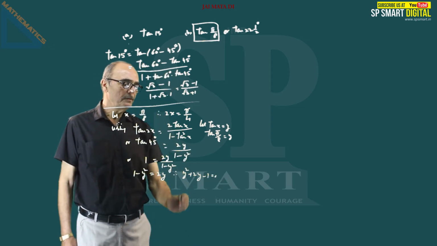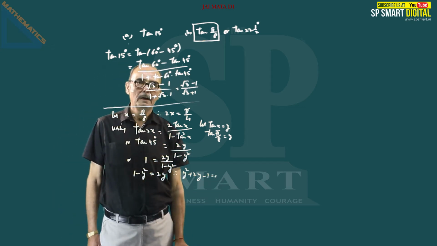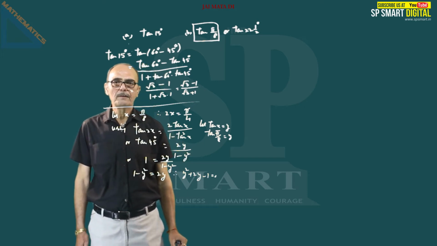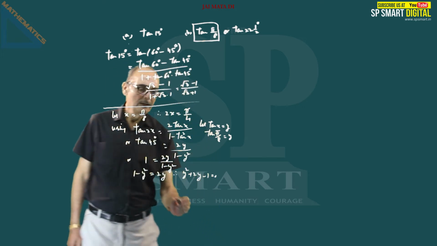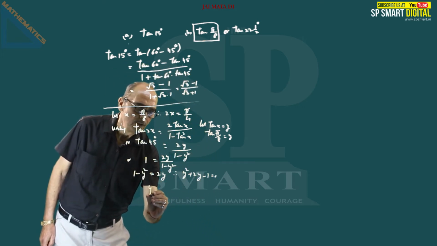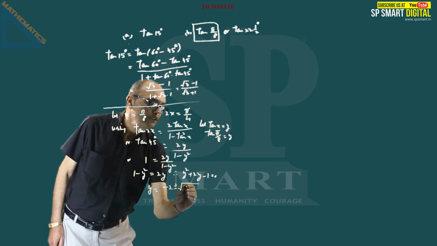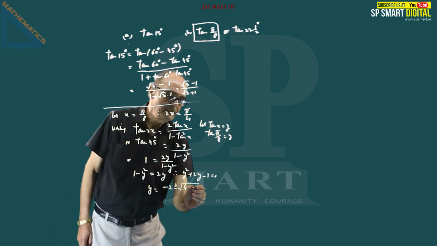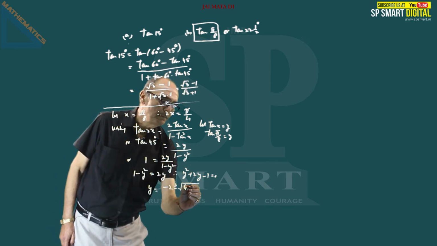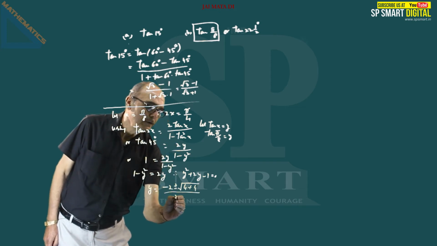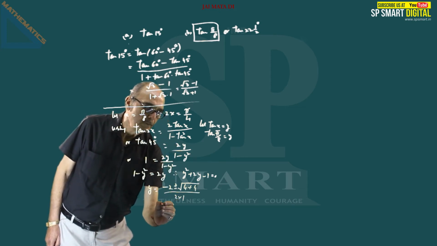This is a quadratic equation in y. Make use of the quadratic formula for solving the value of y. So y equal to minus b plus minus root b square minus 4ac, whole divided by 2a, 2 into 1.